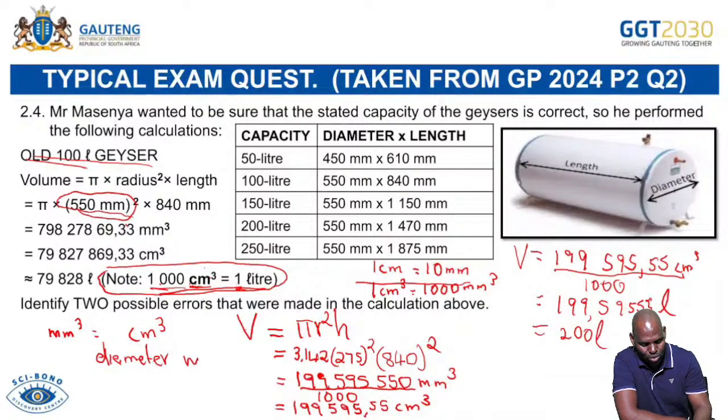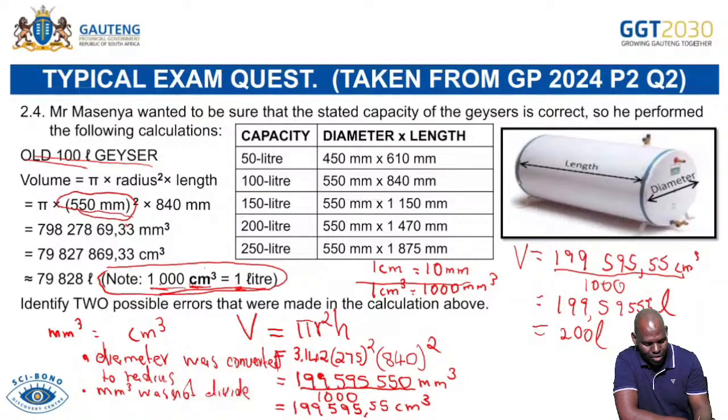Diameter was not converted to radius. And then millimeter cubed was not divided by 1000 to convert to cubic centimeters.